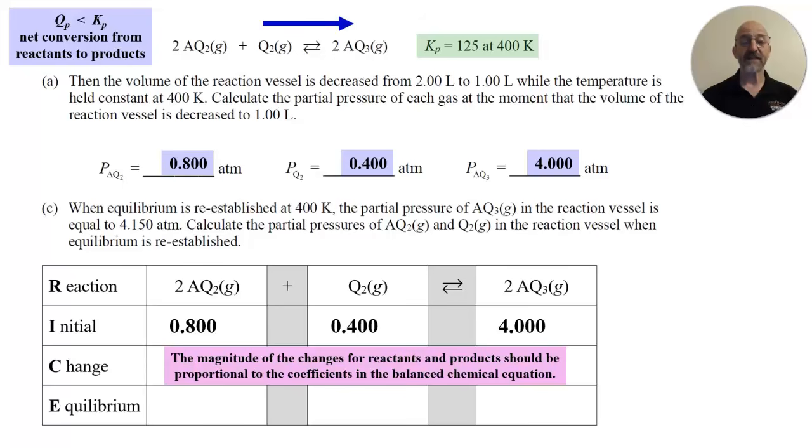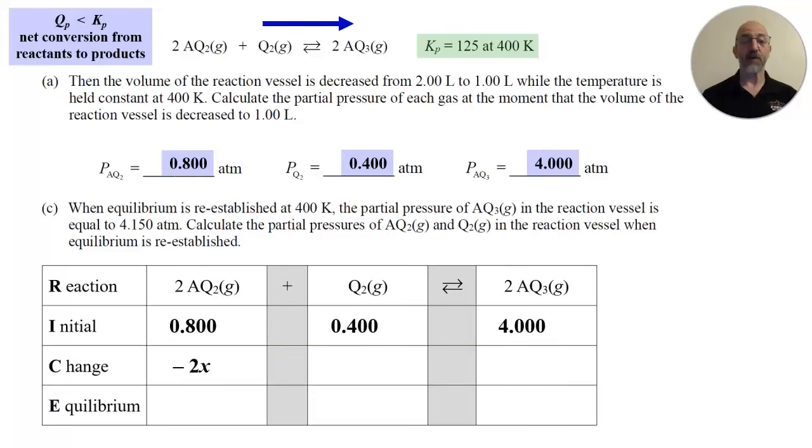And because there is a net conversion from left to right in this scenario as the system reestablishes equilibrium, that will be minus 2x for the reactant, AQ2, minus x for the other reactant, Q2, and plus 2x for the product, AQ3. Now I will place that value of 4.15 atmospheres in the bottom row of this rice table. So that is the partial pressure of AQ3 when equilibrium has been reestablished.